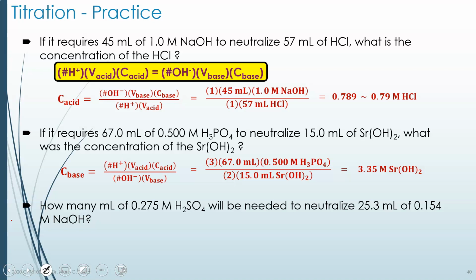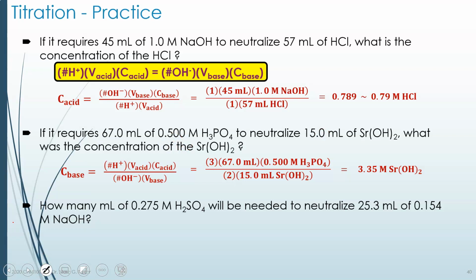In fact, so concentrated, I'm not quite sure if we can make something this strong. Strontium hydroxide may not be quite so soluble, but that's the answer we get from this problem, and it's rounded to 3 sig figs because you'll notice the lowest number of sig figs is 3. In fact, all of our values have 3 sig figs in them, so our answer will also be with 3 sig figs.